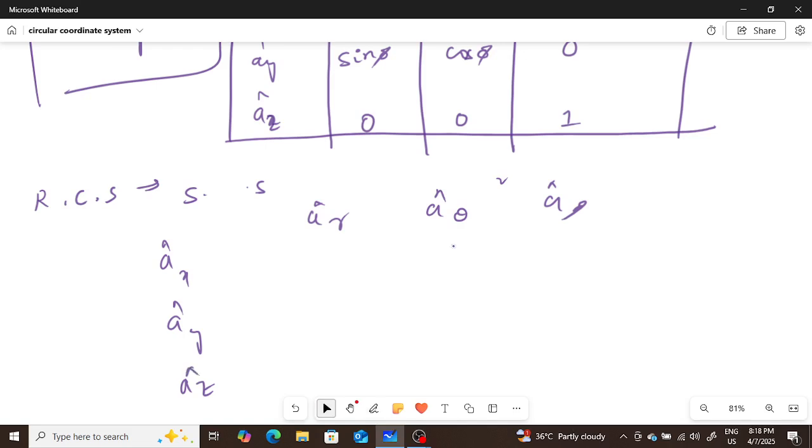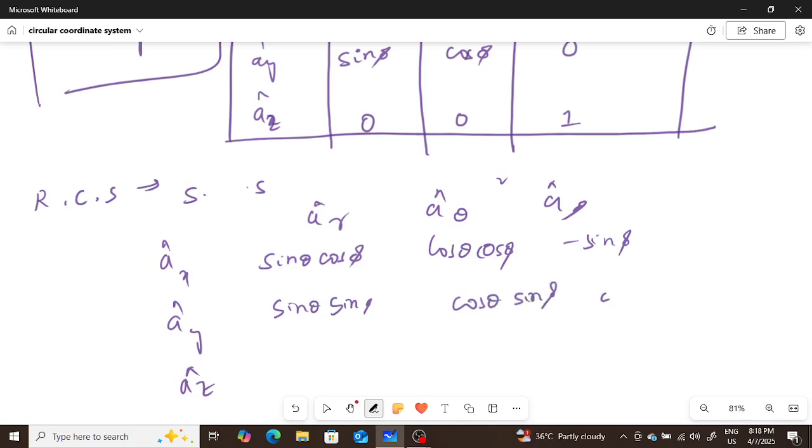Now, AX dot AR is sin theta cos phi. AX dot A theta is cos theta cos phi, then minus sin phi, sin theta sin phi, cos theta sin phi, cos phi, cos theta, minus sin theta and 0. So this is to convert from the Cartesian coordinate system to spherical.